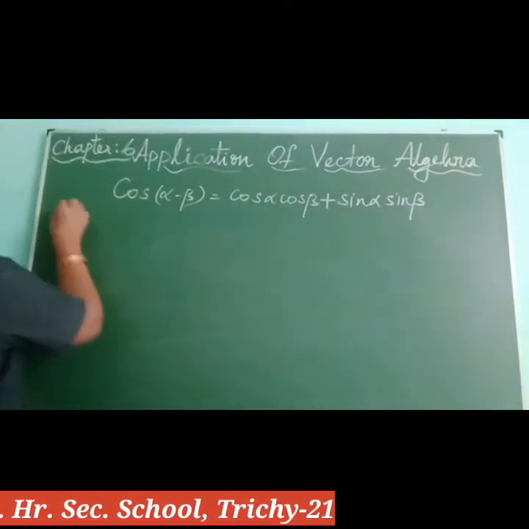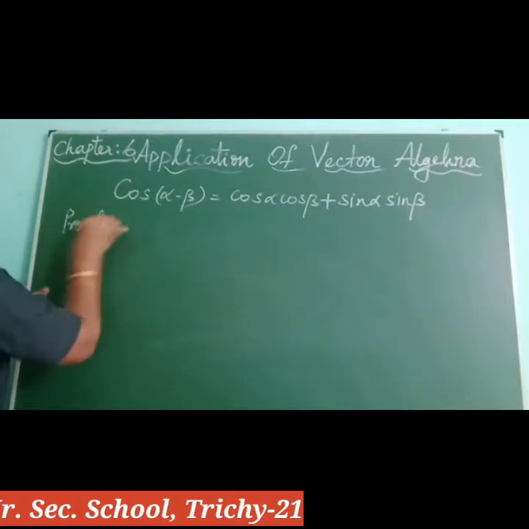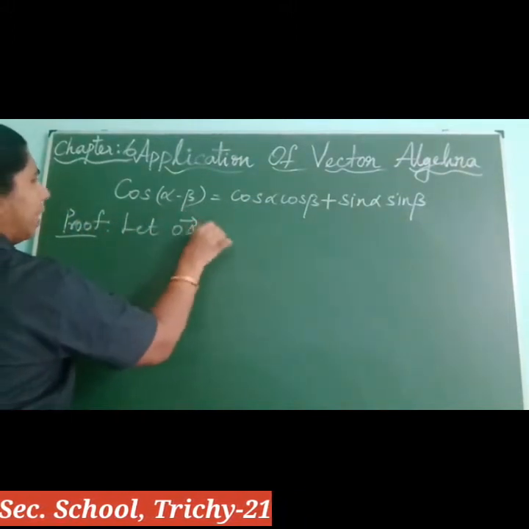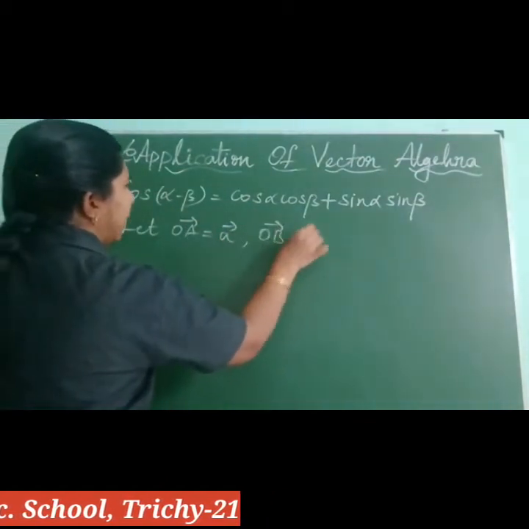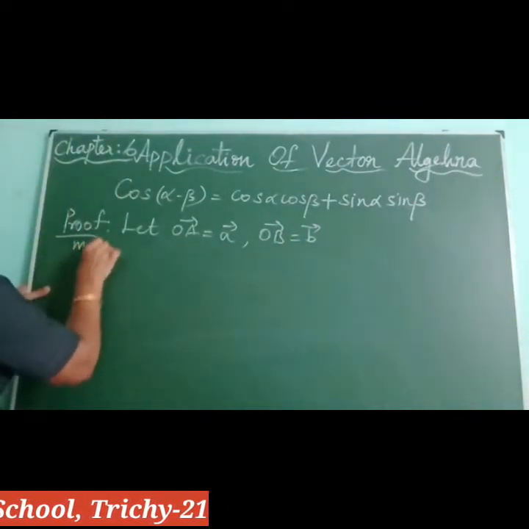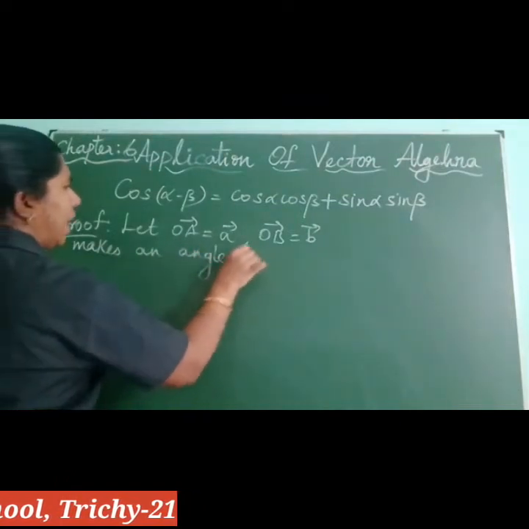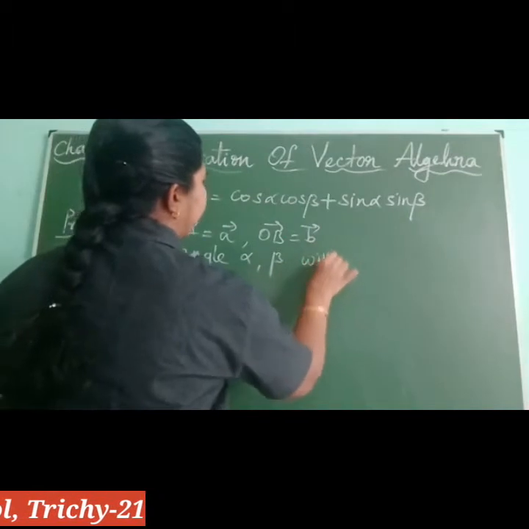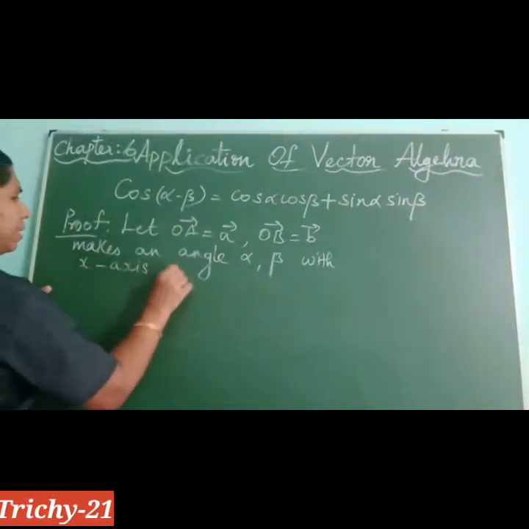So we can assume let OA is equal to A vector and OB is equal to B vector, which make angles alpha and beta with the x-axis respectively.